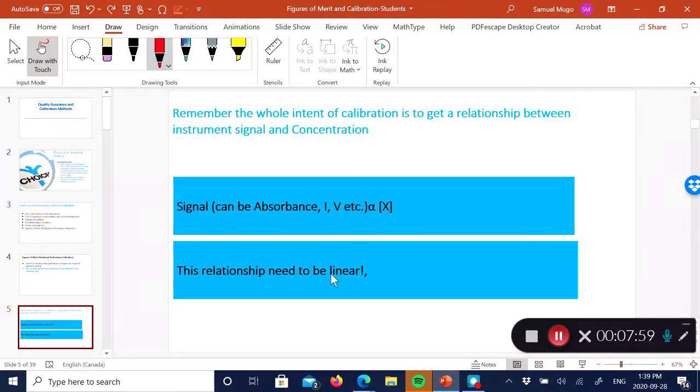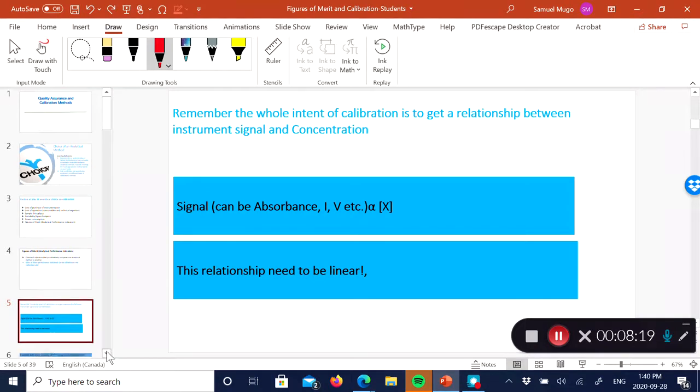So in general, you should be getting a linear relationship for calibration plots, which means if I increase the concentration of my analyte, then the signal should increase in the same magnitude. And that's what we are looking at in a linear calibration plot.